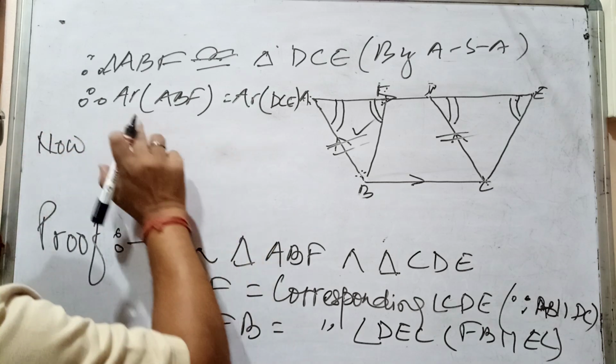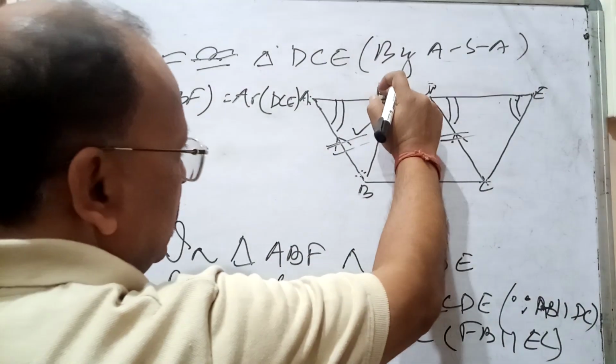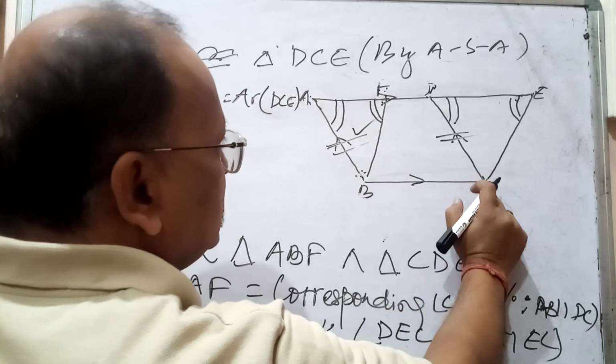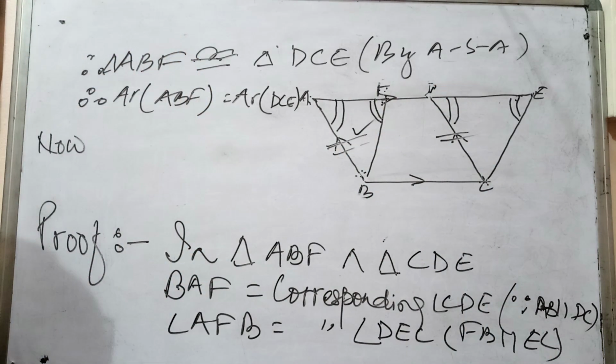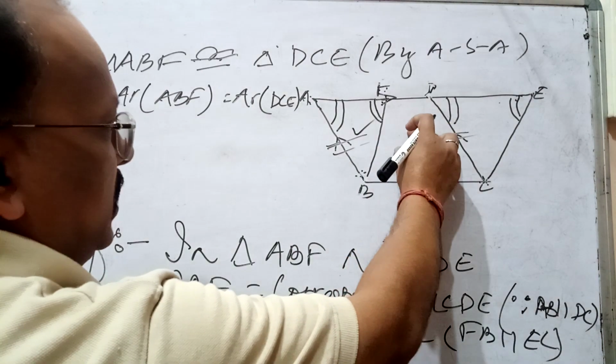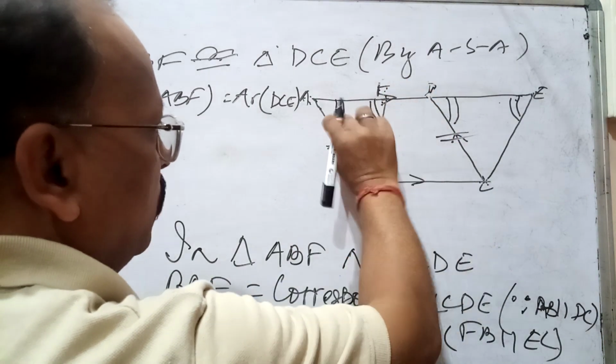Now see here, on both sides we add the trapezium. ABCD, this is a trapezium FBCD. We are going to add it to both sides.